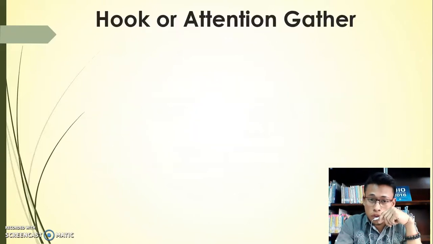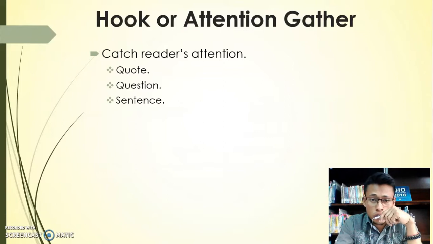So I like to start with this one. And the attention gatherer, remember, is just to catch the reader's attention, and as I told you, you can use quotes, you can use questions, you can use a sentence, just interesting things that help the reader get involved with the essay.